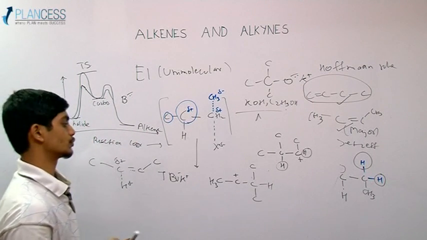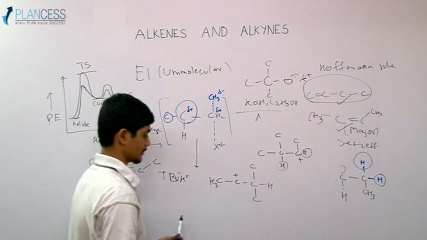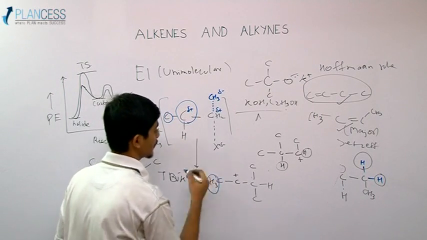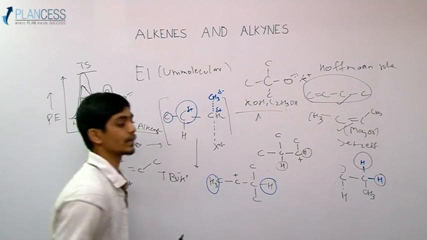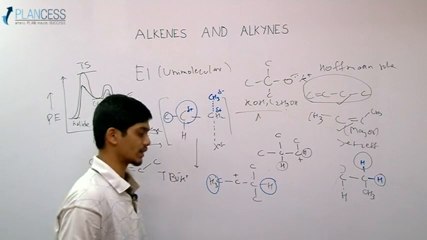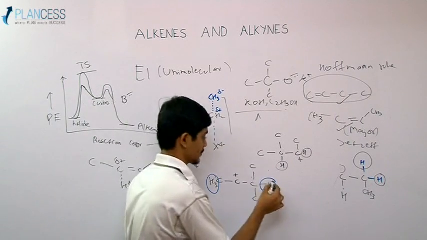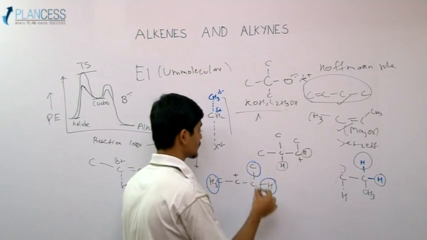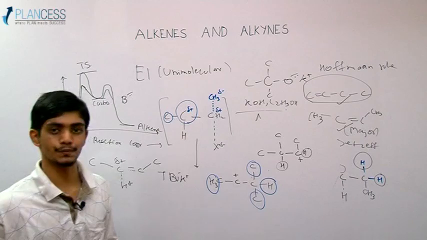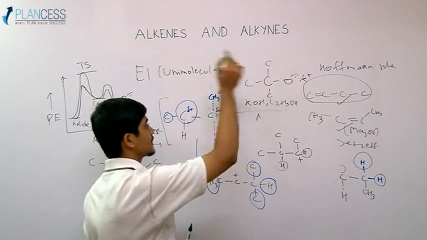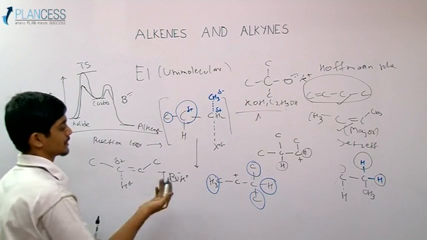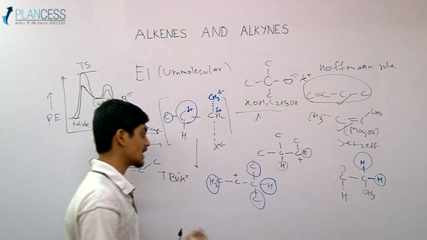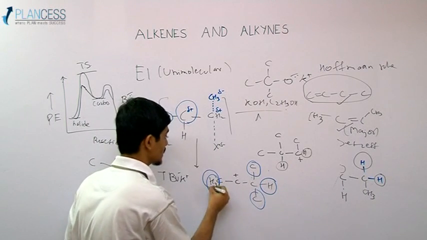Now again there are two types of beta hydrogens for the base to abstract: three hydrogens over here and one hydrogen over here. But this hydrogen is attached to a tertiary carbon, which is so overcrowded because of these bulky CH3 groups. So if you take a bulkier base, for example tertiary butoxide, then these hydrogens will be abstracted instead.